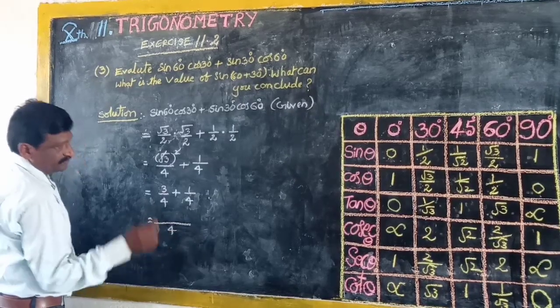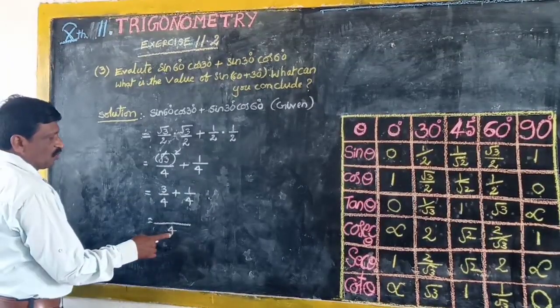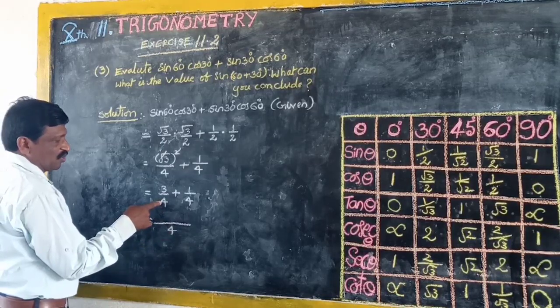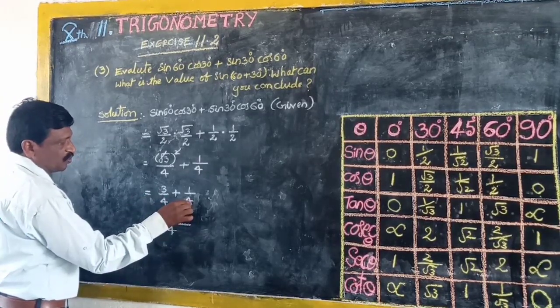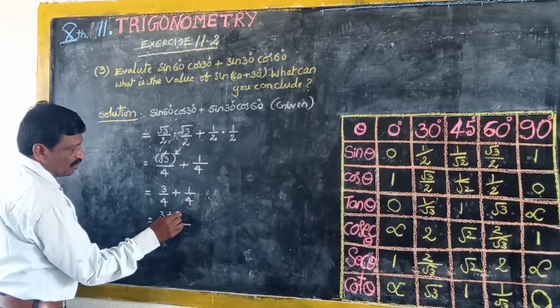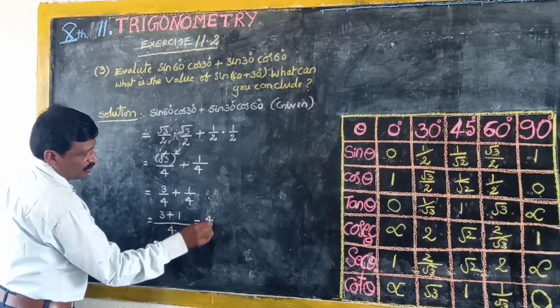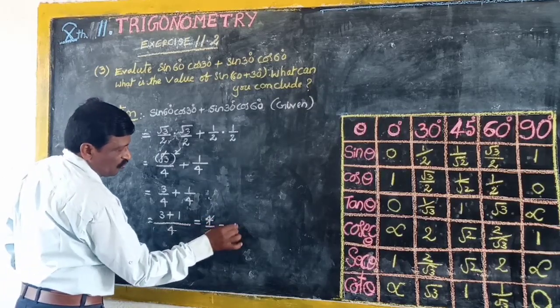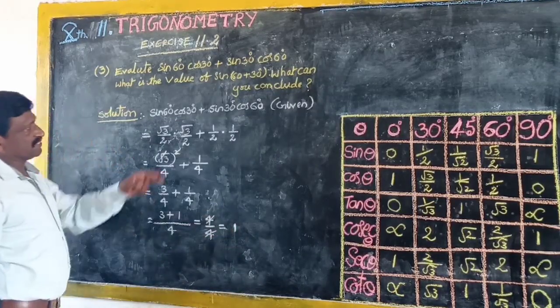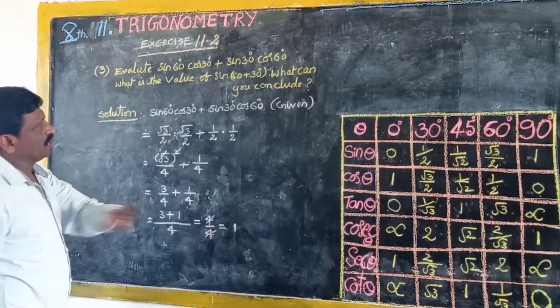The LCM is 4, so 3 plus 1 is 4, and 4 by 4 is 1. So this value is 1.